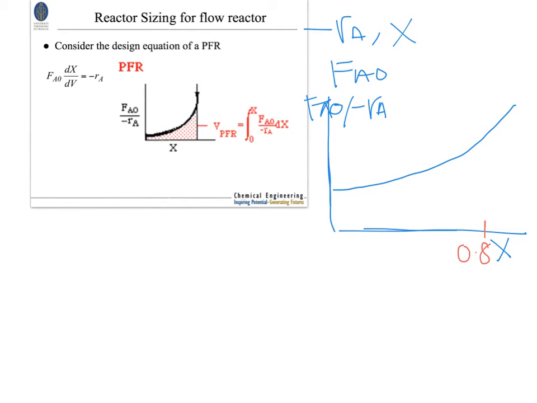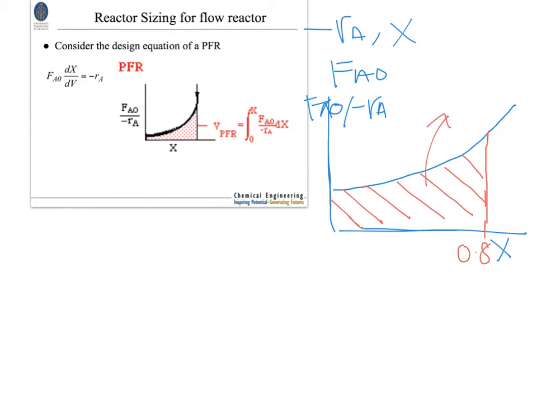So the volume for PFR will always be from 0.8 touching the plot here, under the graph.